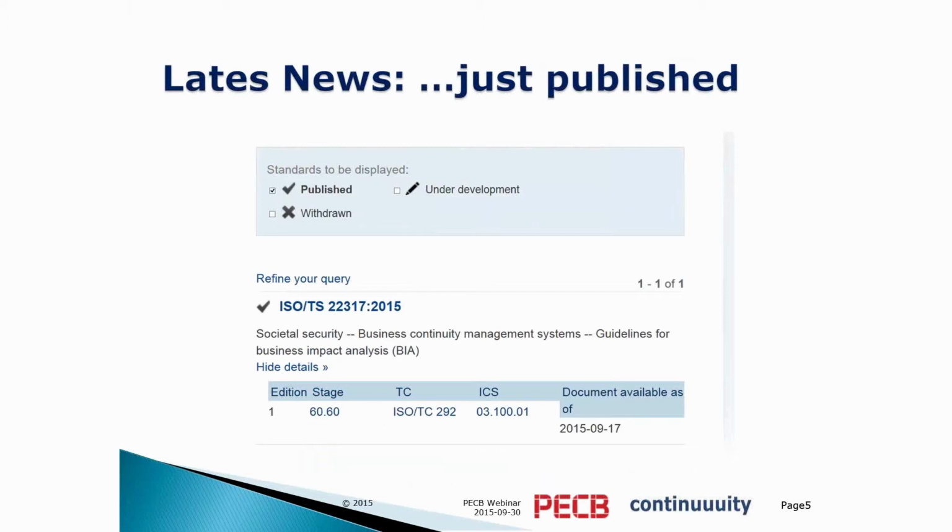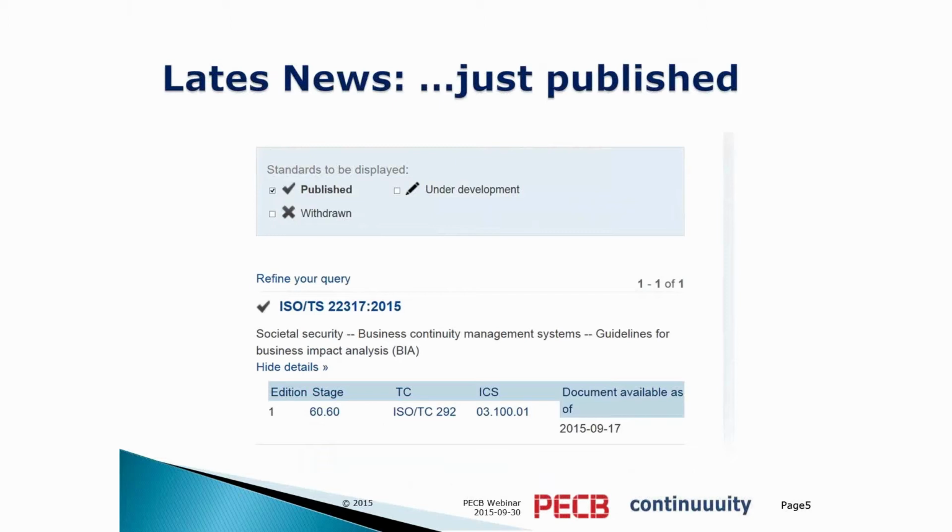Let me talk briefly about this exotic abbreviation, ISO/TS. TS is an abbreviation which stands for Technical Specification, which, to be honest, is a bit misleading, as it's not a specification as in a specification standard like 22301, but it's, as it says in the printed title, a guideline or provides guidelines for a specific subject, in this case business impact analysis. So don't be misled.